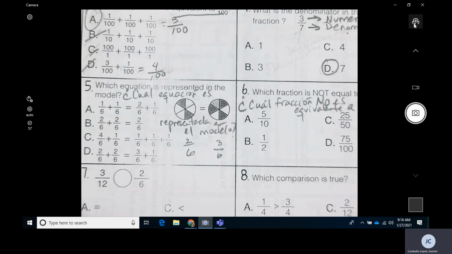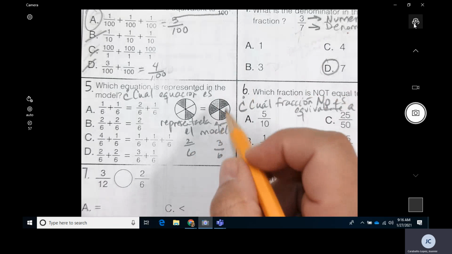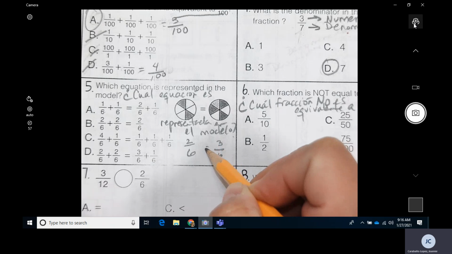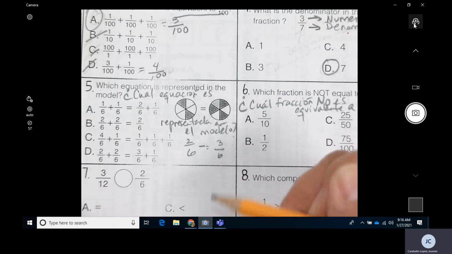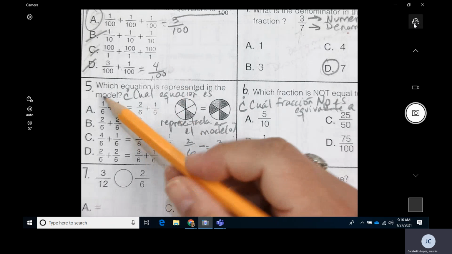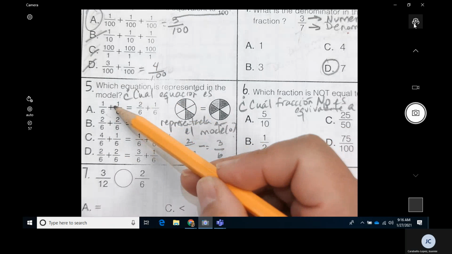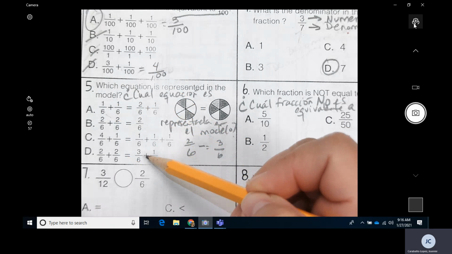So todo el mundo tome asiento para yo explicarle, okay? So in order for me to go from 2/6 to 3/6, what other fraction could I put right here? If you notice the pattern here, you have 2 fractions, right here, and then you have another fraction here.